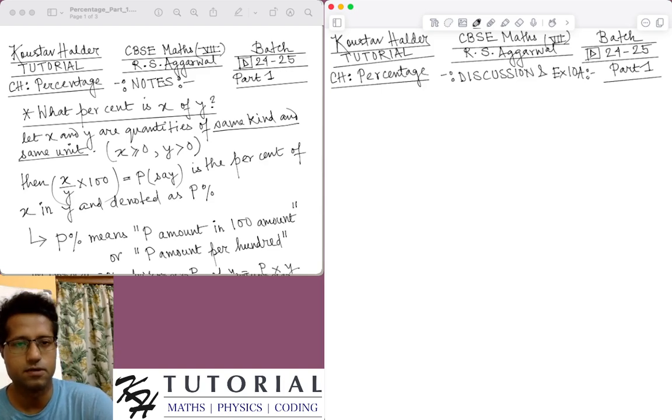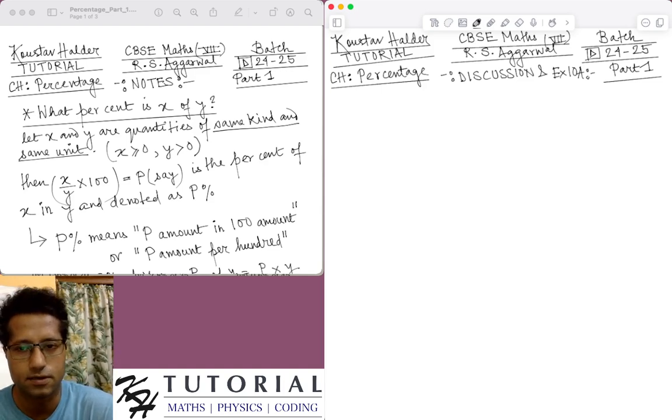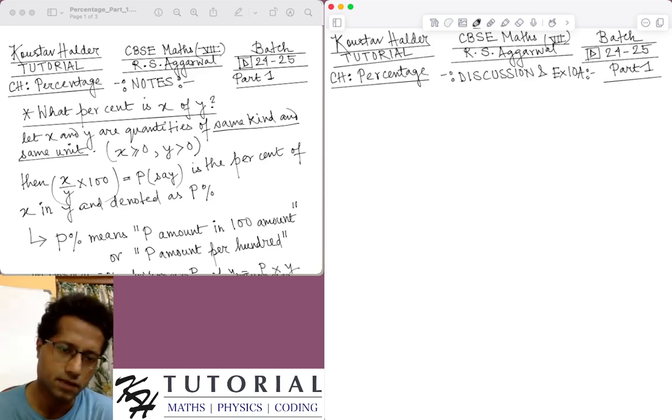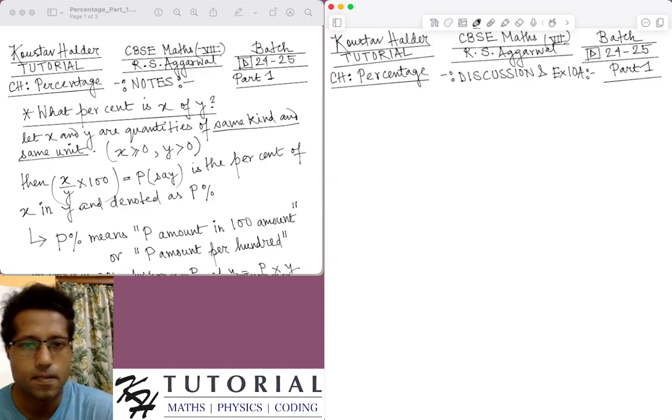Both the quantities x and y should have the same unit and they should be of the same kind. Remember that y is greater than 0 and x can be greater than or equal to 0. x can be 0.